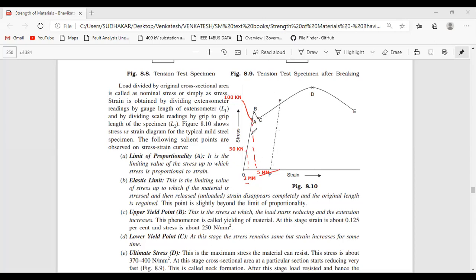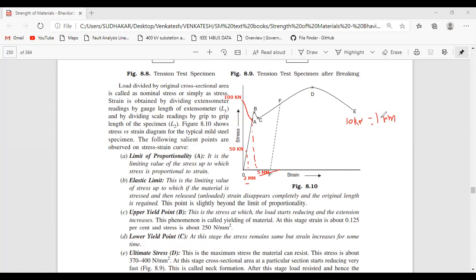This is called directly proportional. Suppose for 10 kilonewtons we obtain 1 mm.